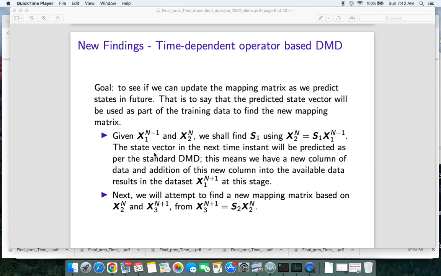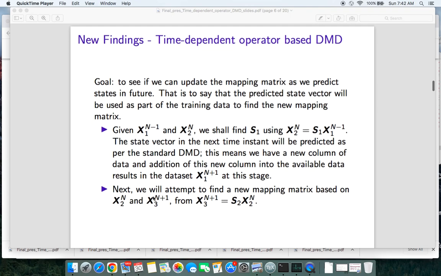So we had x1 to n, but now after one prediction we have x1 up to n plus 1. Next, we will attempt to find a new mapping matrix based on x2 to n and x3 to n plus 1 via this equation.